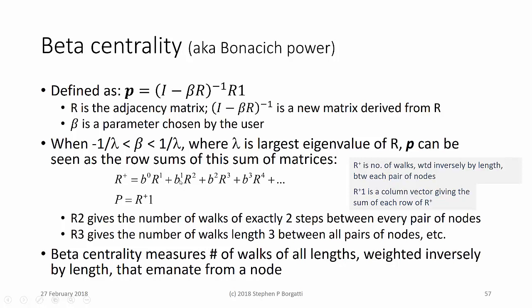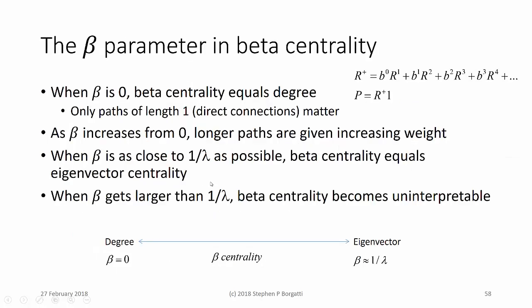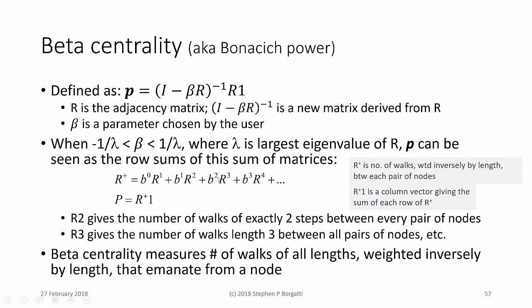So it's going to be 0.5 times the number of walks of length 2, plus 0.5 squared, which is 0.25, times the number of walks of length 3, plus 0.5 times 0.25, 0.0625. Notice that the weighting factor is getting smaller and smaller.